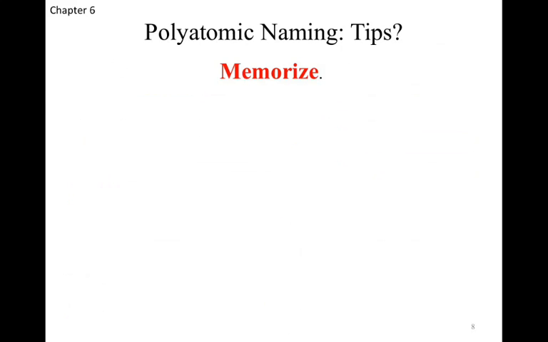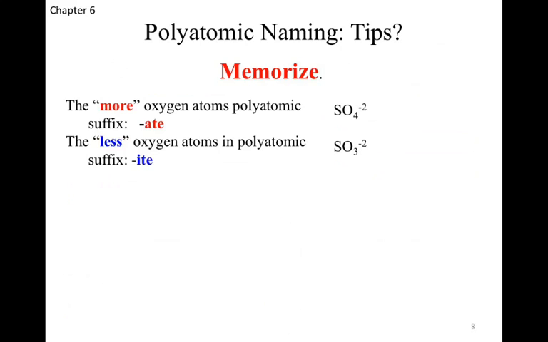Okay? I talked about some patterns. I'm also going to address a few more patterns that we can look at. Again, I don't see how this is particularly helpful, but it's something that we can address. The more oxygens bound to a particular type of element, the suffix becomes -ate. Okay?